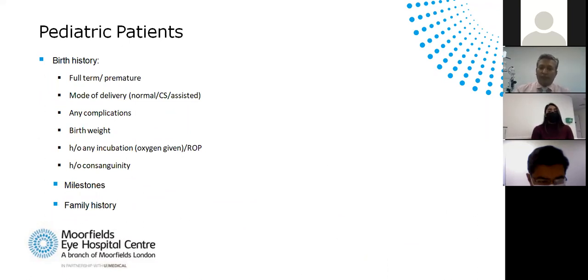We need to get the birth history: if the baby was delivered full term or premature, what the mode of delivery was, normal delivery or C-section or assisted or forceps delivery, any complications during the pregnancy, during delivery or post-pregnancy to the mother and the baby, and what the birth weight was, and if there is any history of intubation, or if any ROP screening was done for little older babies, or if there was any ROP which was treated, which is very important.